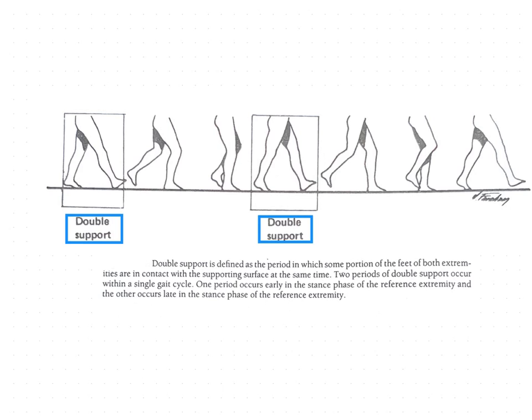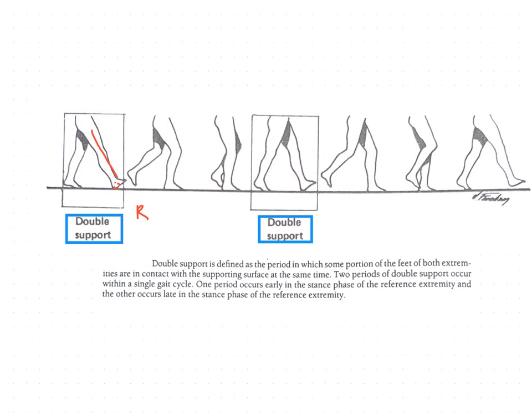Normally we take one limb as a reference point. If we take the right leg as the reference point, the heel strike is the initiation of the stance phase of the right extremity, and when it ends up again at heel strike, that is one gait cycle of the right extremity.